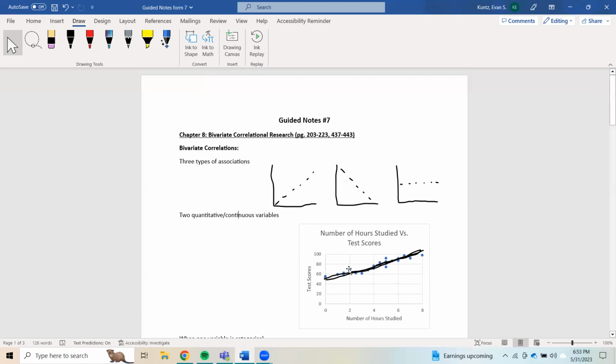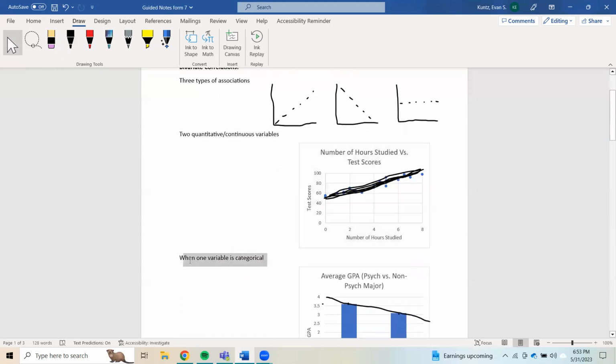So this hypothetical dot right here, this person studied 2 hours and got roughly a 70% on the test. What you can see from these dots is that there is roughly an up and to the right line that can be drawn between them. That's depicting a positive association between these two variables.